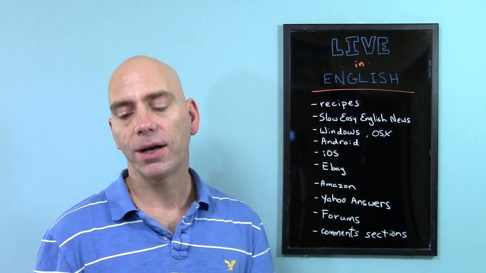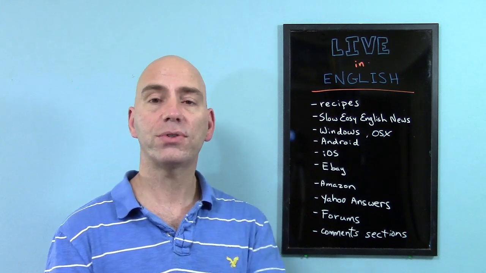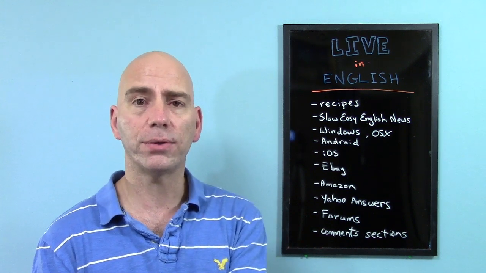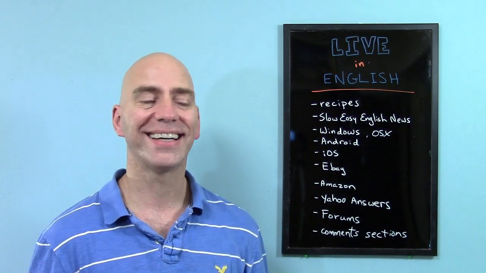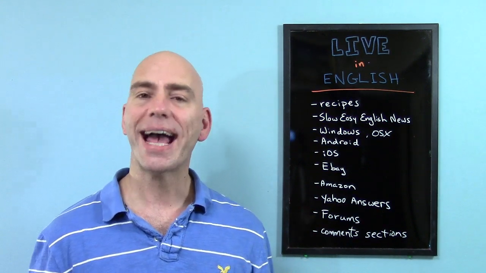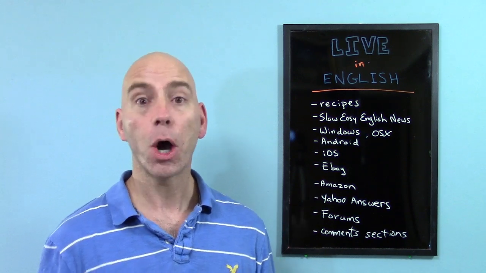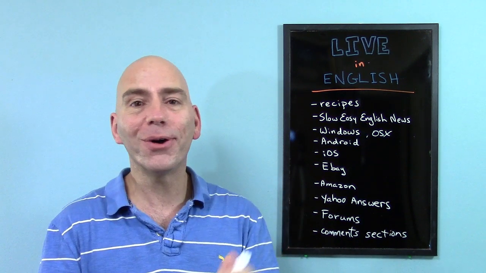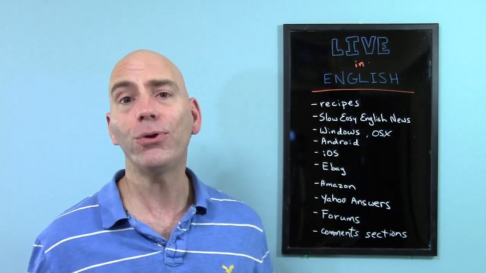So I say, okay, well, the first thing I would like you to do is to change your menus or your operating system to English. And their reactions are always very entertaining. It's like, oh, no, I can't do that. It's like, yes, you can. It's only really a few words.